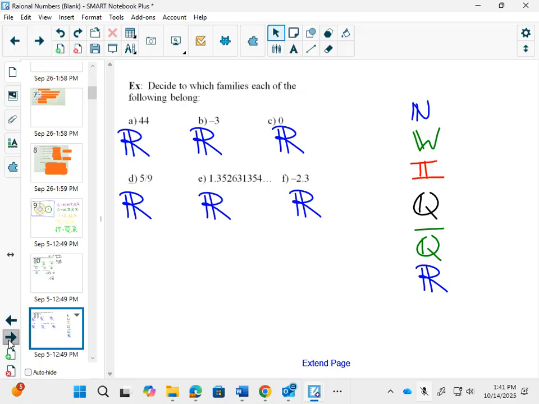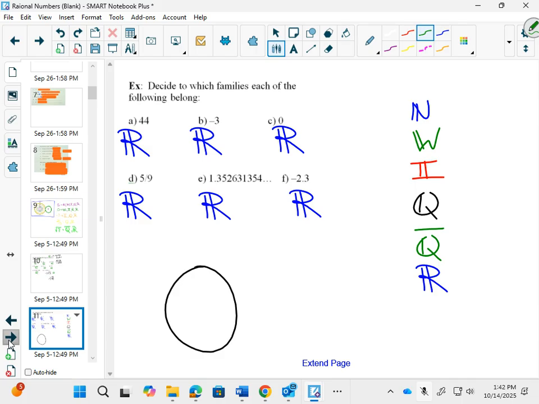Next, decide if it's going to be a fraction or not a fraction. And I'm going to, on the page here, take a black circle for that one, green circle. Okay, they're all real numbers. Real numbers are split up into two groups, rational and irrational.